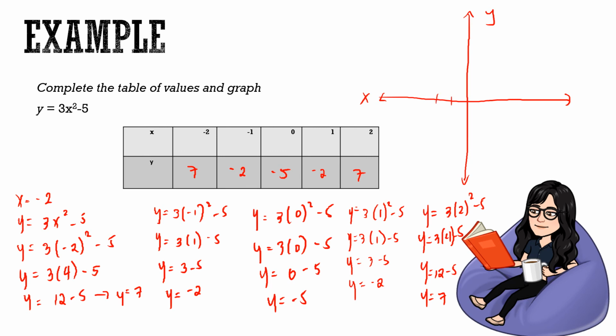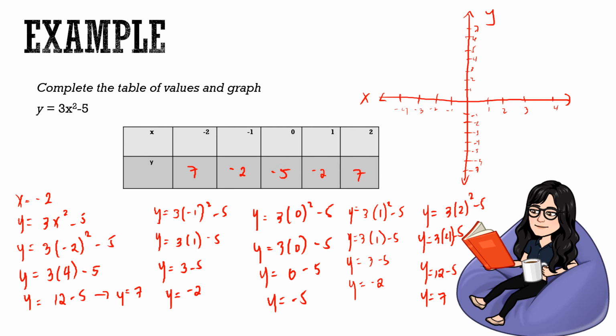So 1, 2, 3, 4, and 1, 2, 3, 4, 5, 6, 7 going up, and 1, 2, 3, 4, 5, 6, 7 going down. I will be labeling it first. This is 1, 2, 3, and 4. Negative 1, negative 2, negative 3, negative 4, negative 5, negative 6, negative 7. And this is negative 1, negative 2, negative 3, and negative 4.